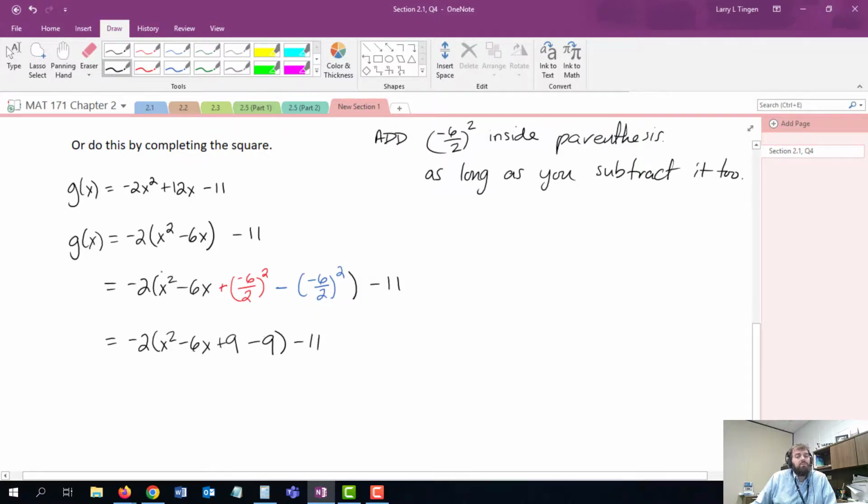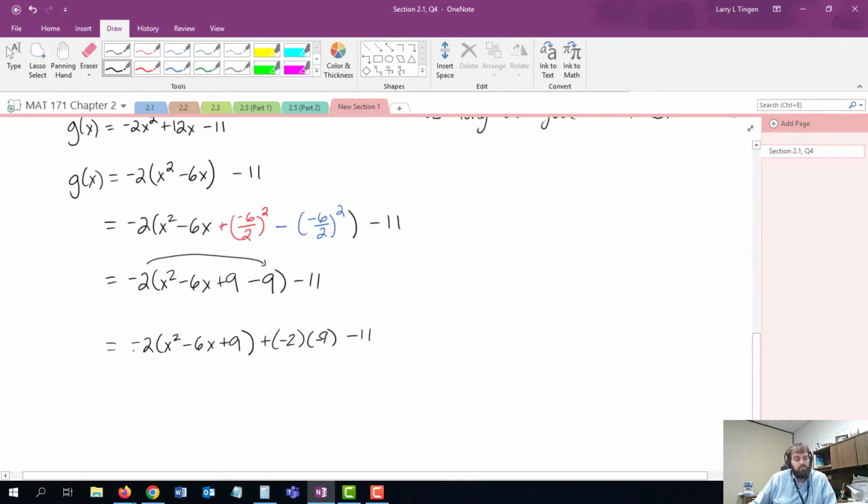I can, and what I'm going to do is selectively distribute. So I'm going to go ahead and get that negative 9 out, negative 2 times negative 9. So I'm going to leave everything else inside: negative 2 times x squared minus 6x plus 9, plus negative 2 times negative 9, which is plus 18, minus 11.